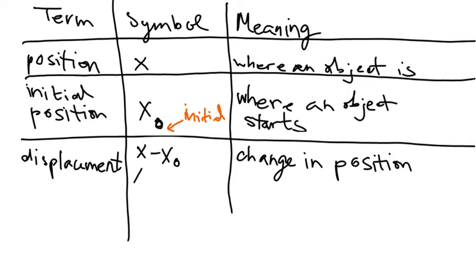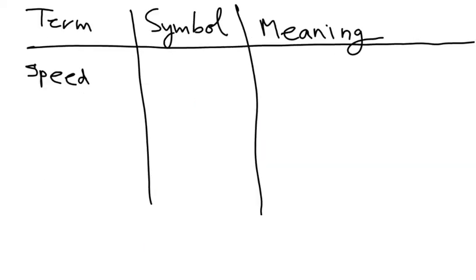If you see delta x, it means final position minus initial position. This triangle right here is called a delta, and it means change. You may have seen that in chemistry, and I think you saw it last night when you were watching the video on slopes.